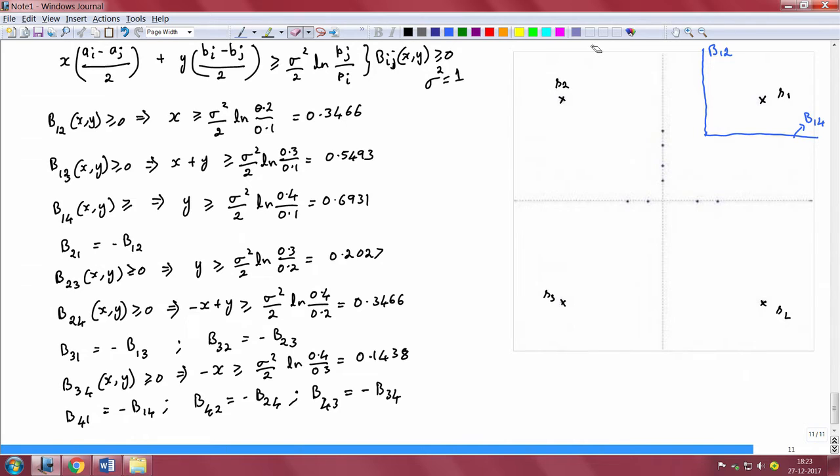So, this is the decision region for S1. Let me shade it a bit. So, this is the decision region for S1.